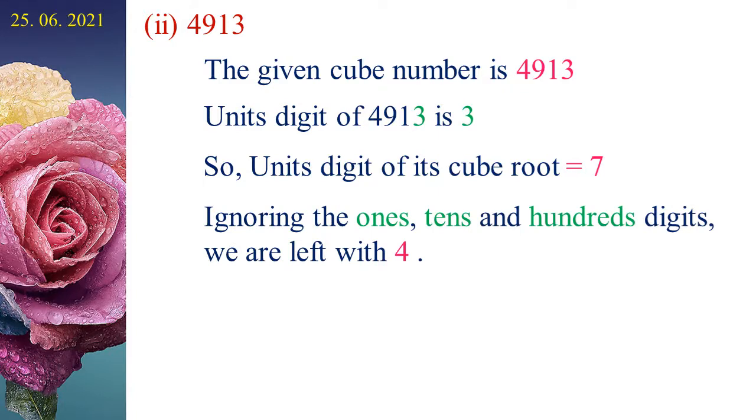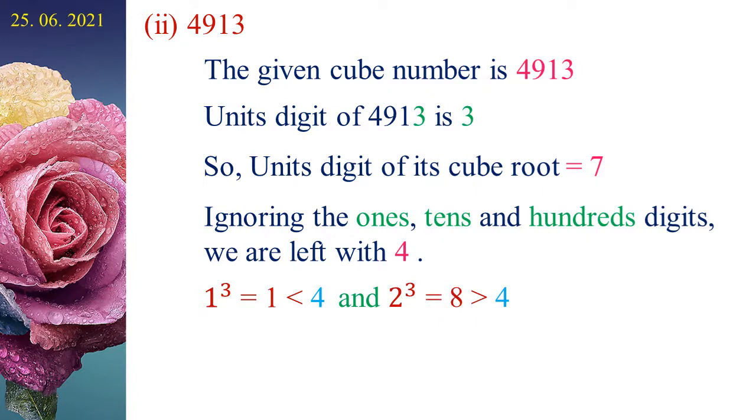Ignoring the ones, tens and hundreds digits, now we are left with 4. Then find whose cube is equal to or just less than the number 4. First cube number is 1. 1 cube equals 1. 1 is less than 4.